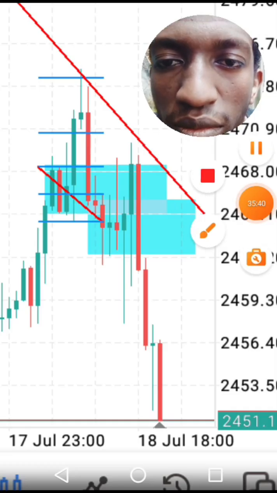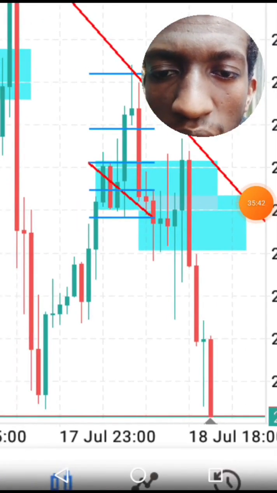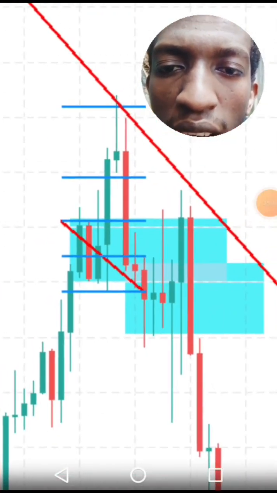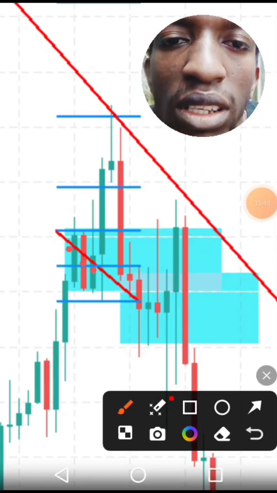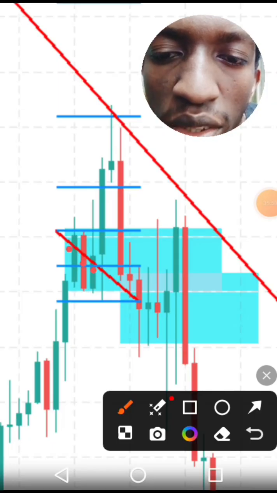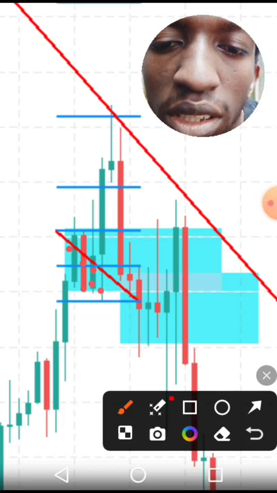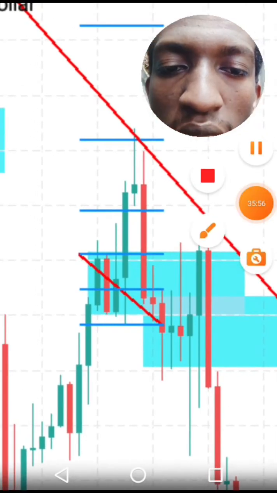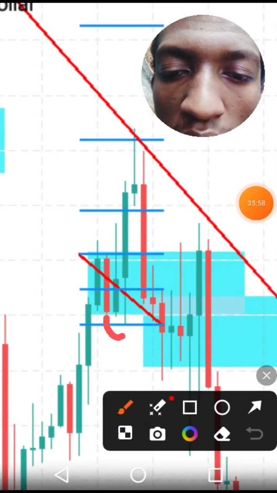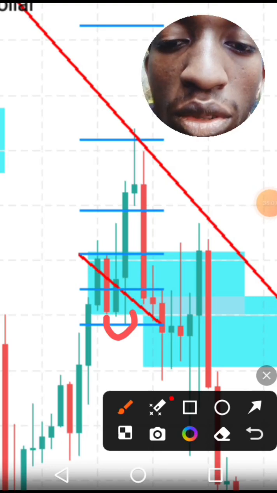Anyways, when you zoom in here, from these three candles, which one is similar in shape? This 1, 2, and 3, right? Why? It's because look, these two candles have equal lows.